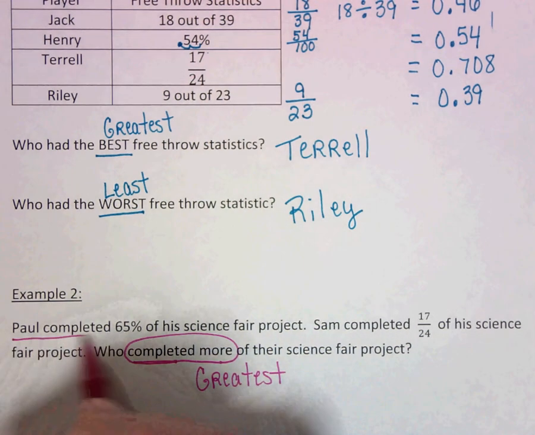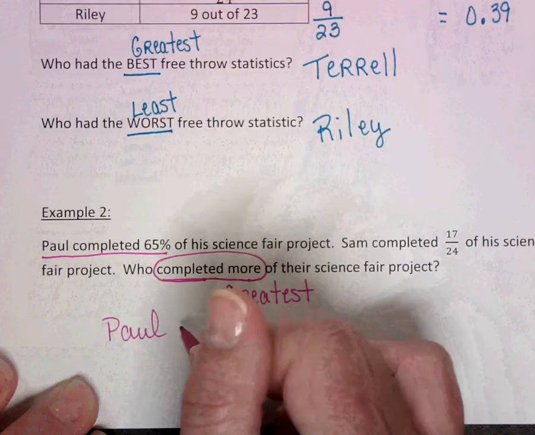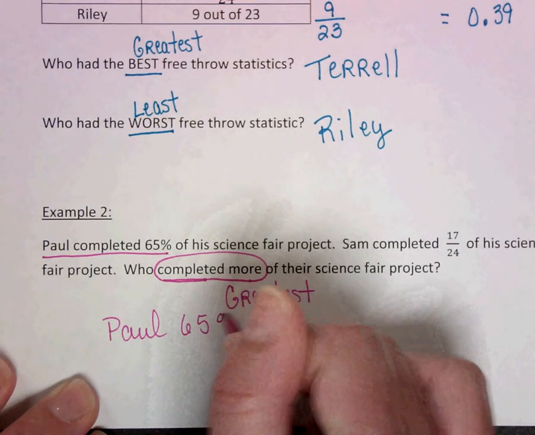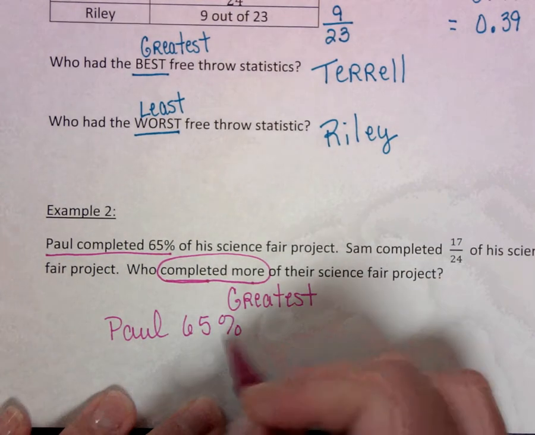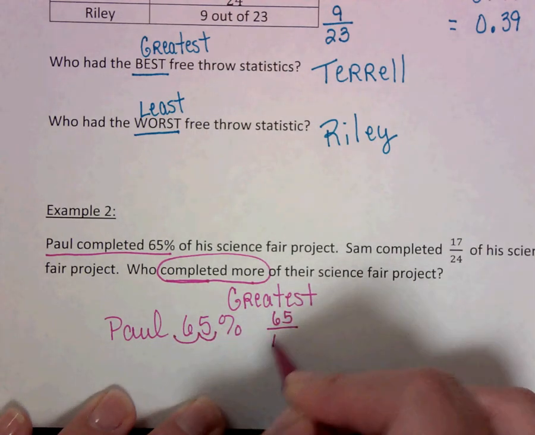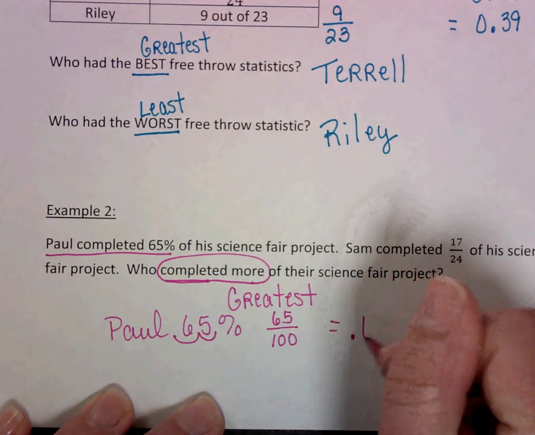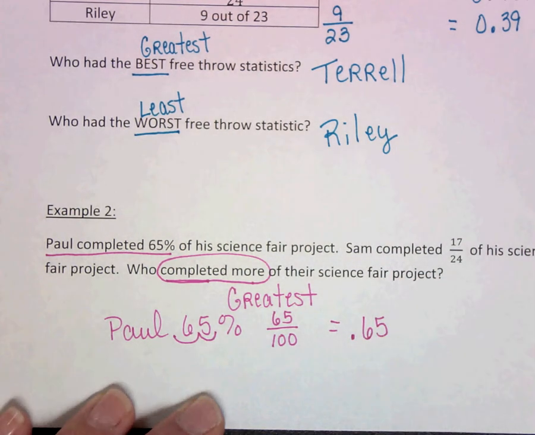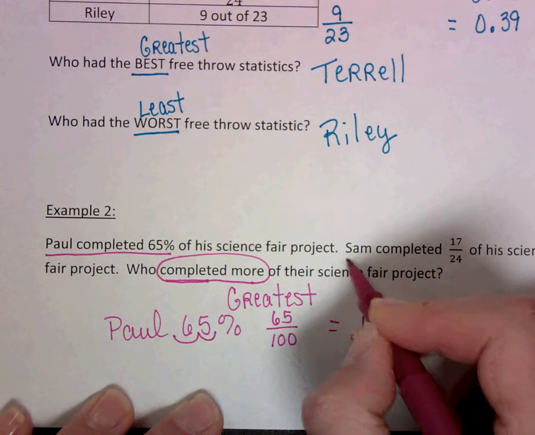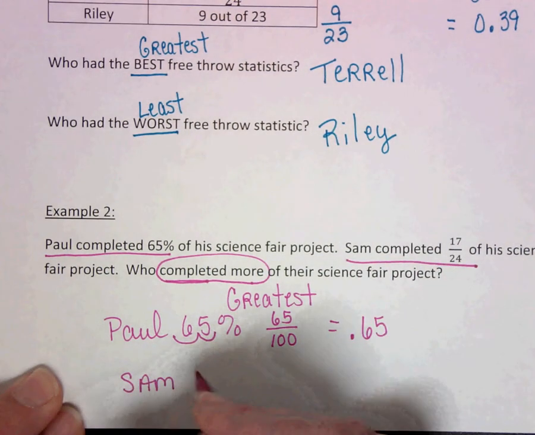Okay, so we've got Paul, who was 65%. So we need to change that to a decimal. Move the decimal 2 places to the left, or do 65 over 100. And so that's going to be 0.65. Okay. And then we've got Sam, who completed 17/24.